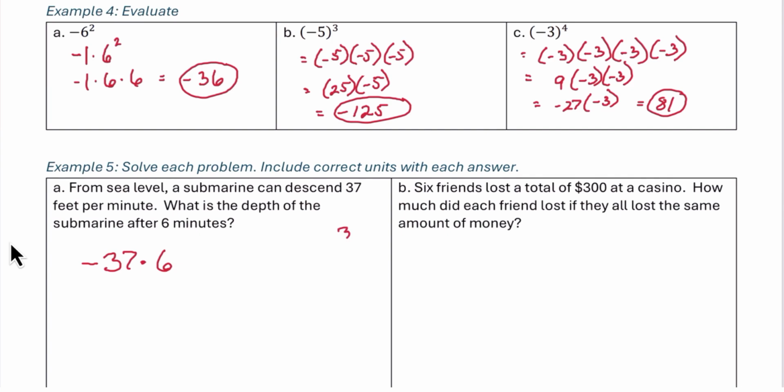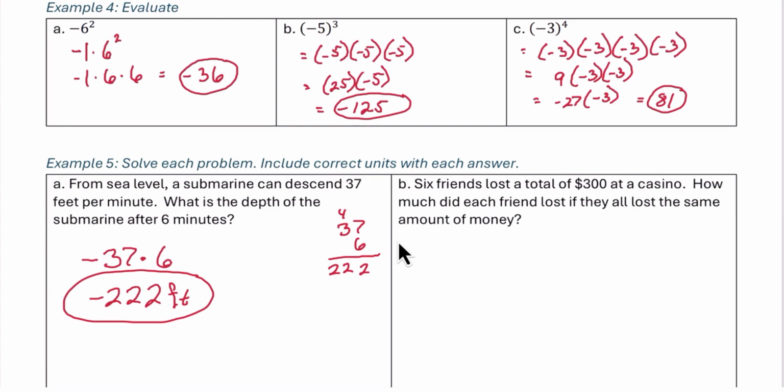I'll do some work off to the side here to get the product. 6 times 7 is 42. Carry the 4. 6 times 3 is 18 plus 4 is 22. So we have 222, and negative, because we have negative times a positive, the product is negative. What is the depth of the submarine after 6 minutes? Negative 222 feet.